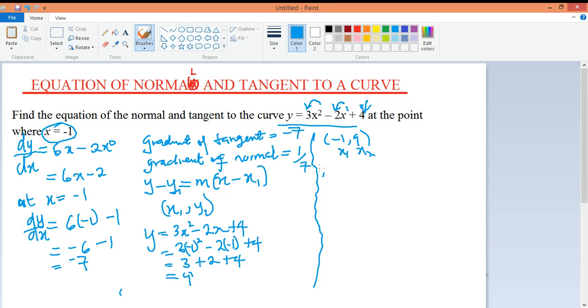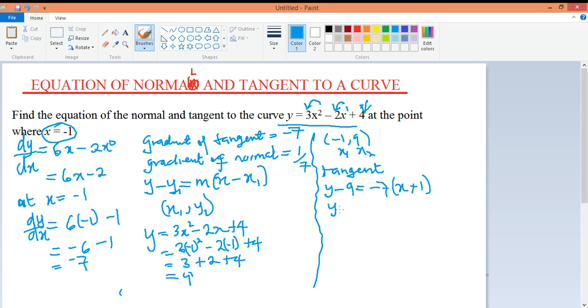For the tangent, we're going to have y minus 9 equal to m, sorry, the m value, negative 7, then x minus negative 1, which becomes x plus 1.